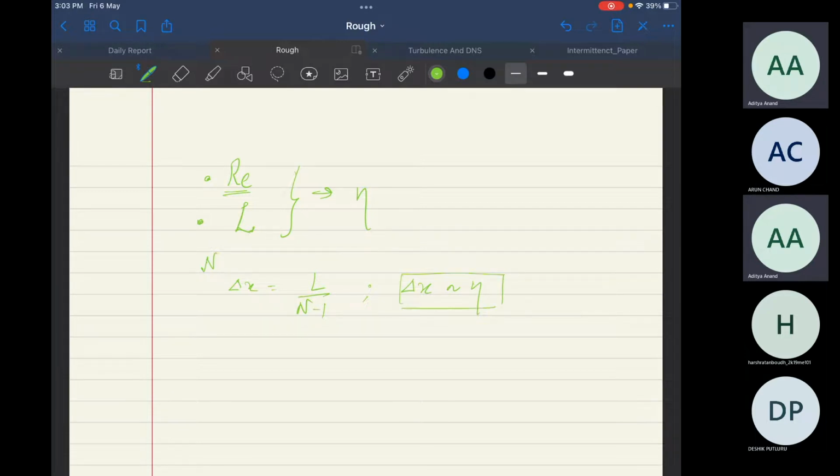Usually in simulations, your delta x is some multiple of eta, 2 to 5 eta. For my simulations, I had it from 2 to 5 times eta. And it's been found in studies that your dissipation peaks at around 12 to 15 times eta. So it peaks at these scales. Does that answer your question?